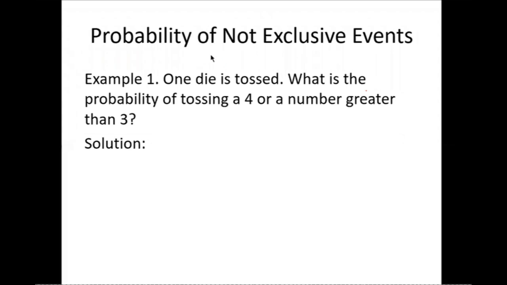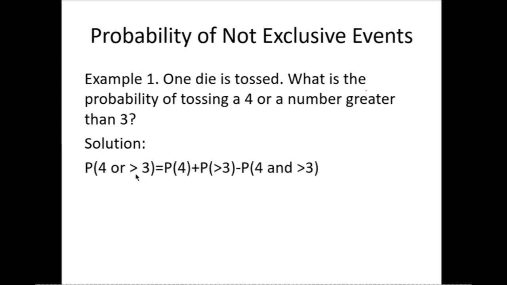Okay, example for probability of not exclusive events. Sample 1. One die toss. What is the probability of tossing a 4 or a number greater than 3? For the solution, we are looking for the probability of 4 or a number greater than 3. So we have the probability of 4 plus probability of a number greater than 3 minus the common probability of 4 and greater than 3.